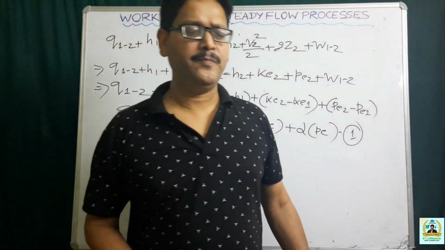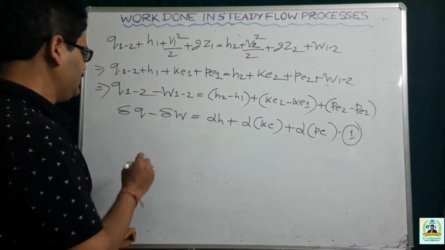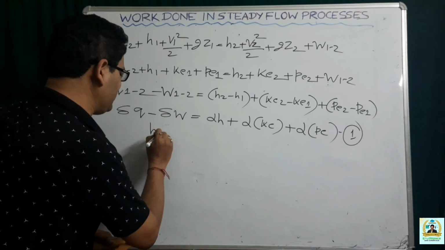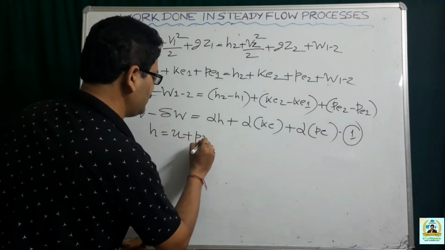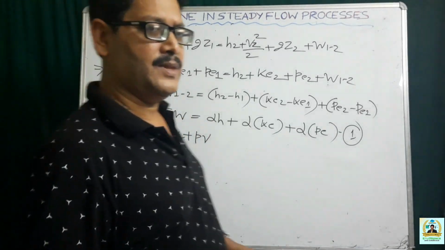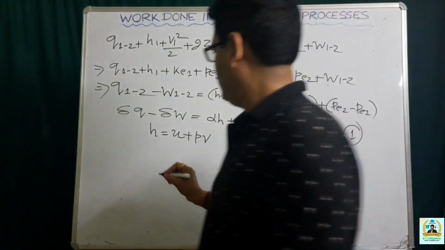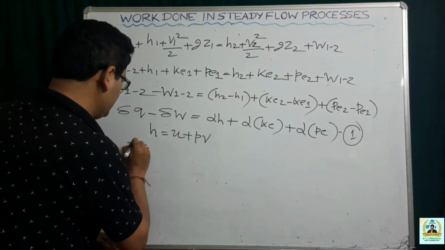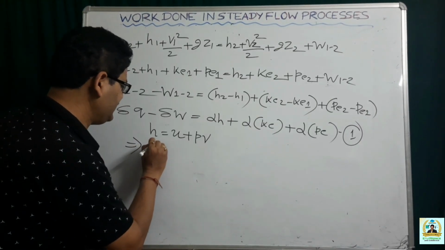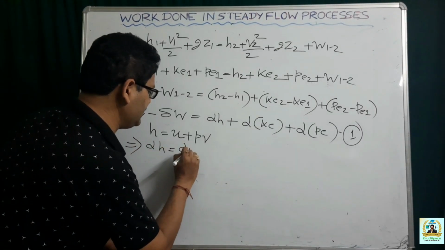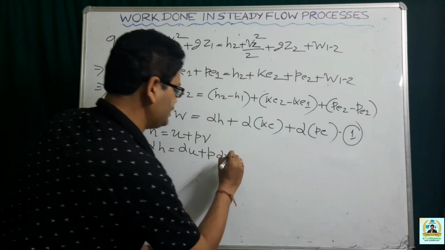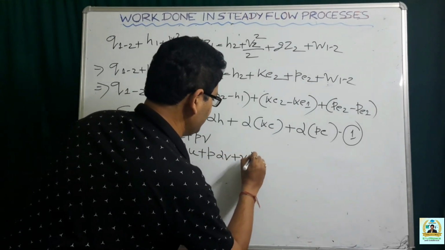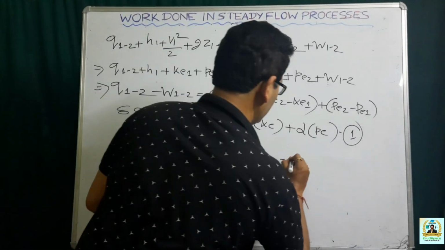All of us know that the specific enthalpy H is equal to internal energy plus pressure volume product. So this implies dH is equal to dU plus PdV plus VdP. Let this be equation 2.